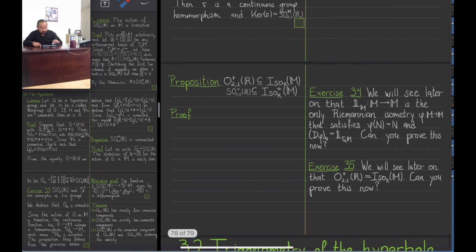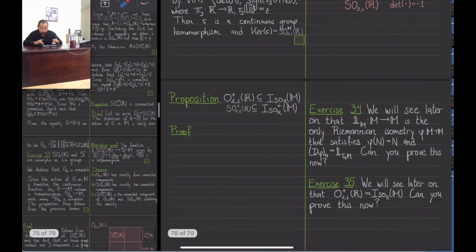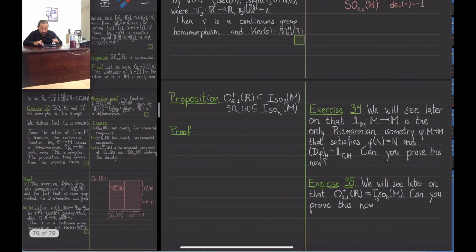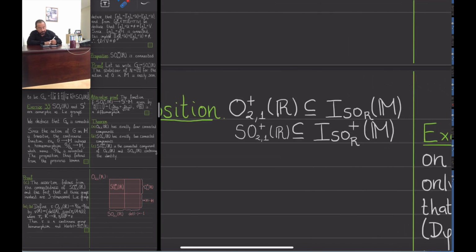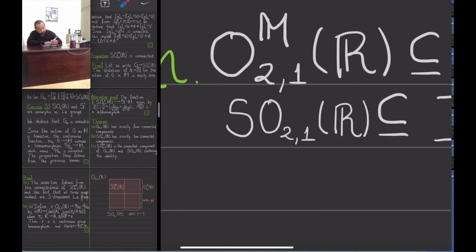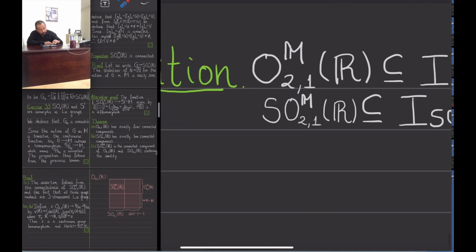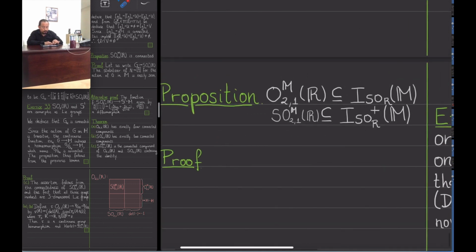Okay, now, we have been studying these groups, right? The Lorentz group, the orthochronous Lorentz group, and the restricted Lorentz group. And of course, at some point, the theorem is going to be that this one is the whole group of Riemannian isometries.